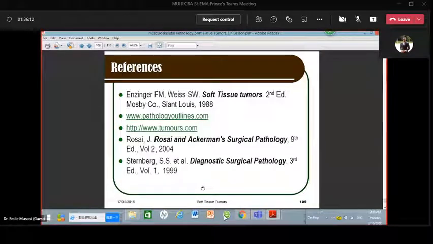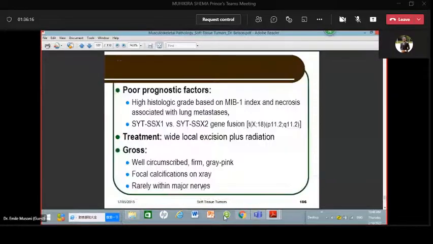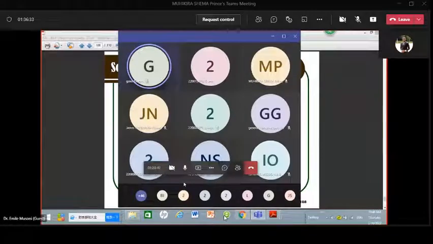So before we go to some images, any question about the soft tissue? Any question? Any question about the soft tissue?